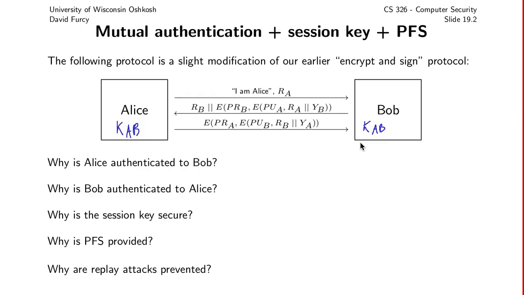And remember, this is a symmetric key that both Alice and Bob are going to use in the rest of the session to encrypt all of their upcoming messages. So this is a symmetric key or session key. So in a nutshell, this is how this proposed protocol works.